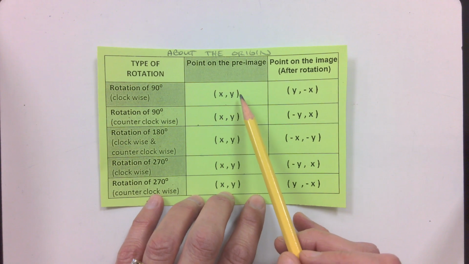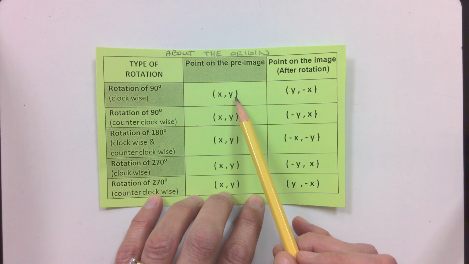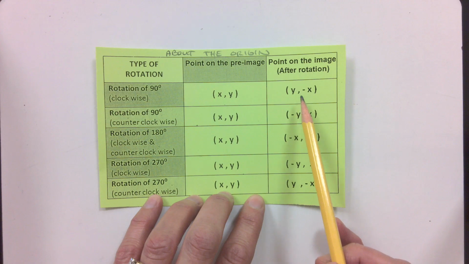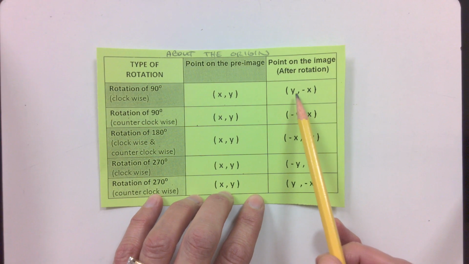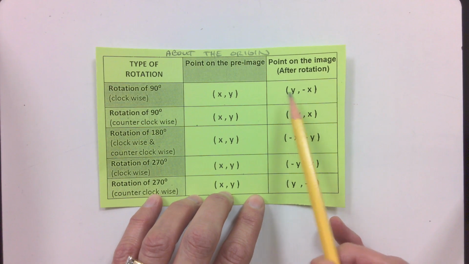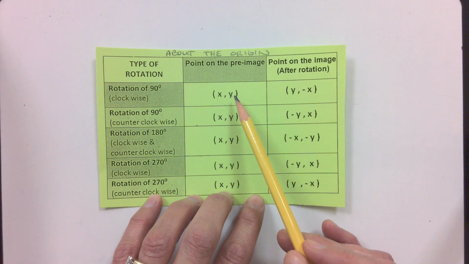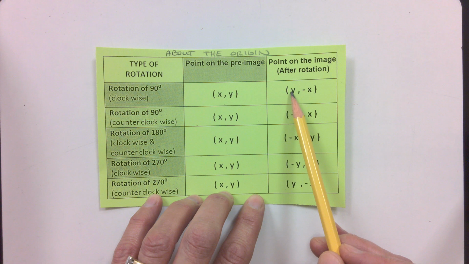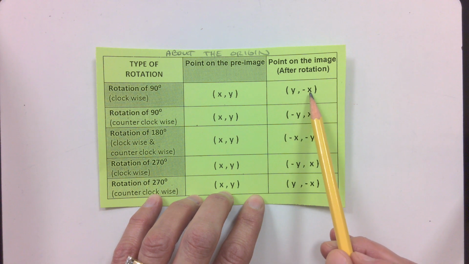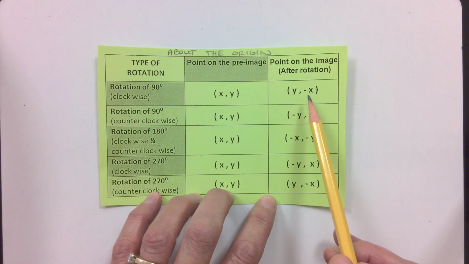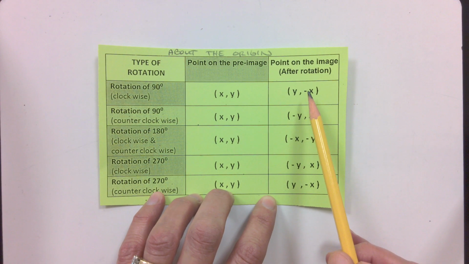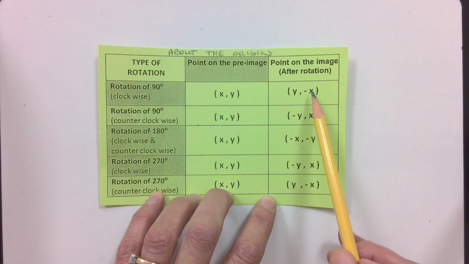When you rotate it 90 degrees clockwise, something always happens with your coordinates. They switch places, so your x becomes the second part of the coordinate, and your y becomes the first part. And then the x value that is now second becomes opposite. I know this card says negative, but it's the negative of whatever that is.